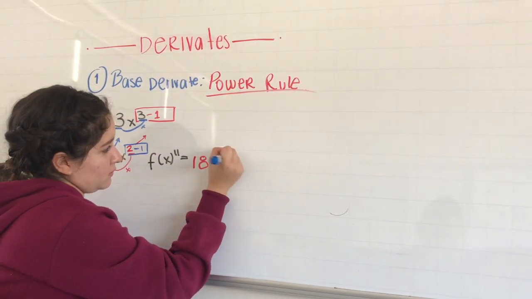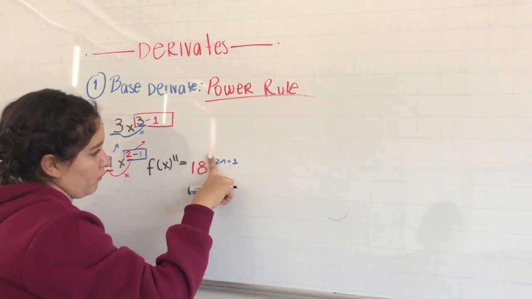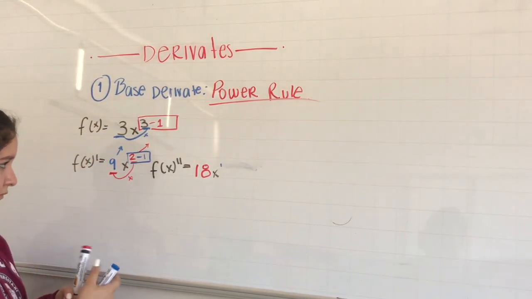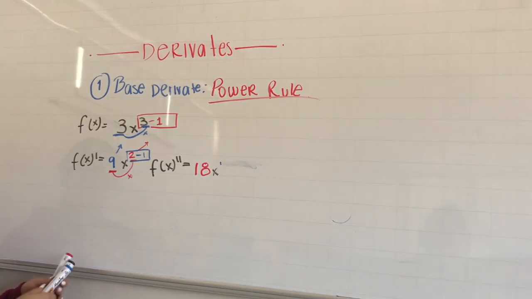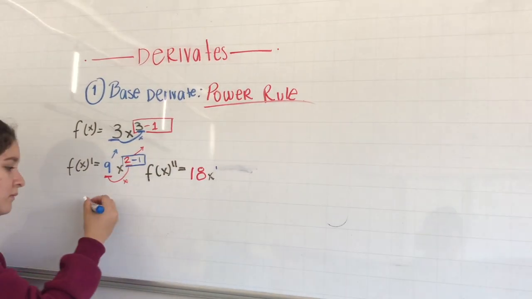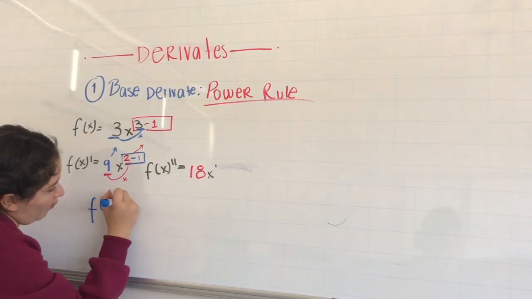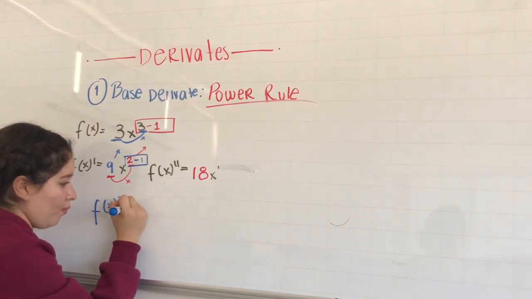I'm going to put it right here so you can see it, but you normally don't use it. You're going to leave it as 18x. And then if you wanted to do the third derivative, you're going to do the same process. 1 times 18 is 18, and x to the 1 minus 1, you're going to eliminate the x.